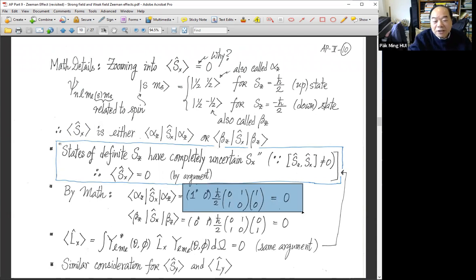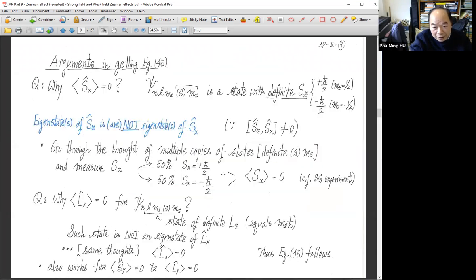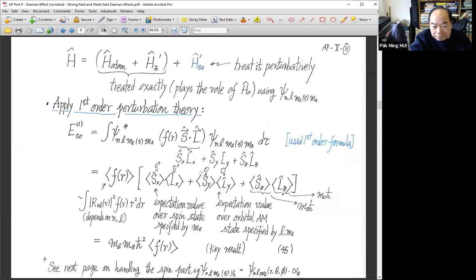Now similarly for Sy, this basis is related to the Z direction spin eigenstate. You ask for the Sy expectation value, it is 0. So pretty nice. Although the dot product gives you 3 terms, 2 terms are zeros.